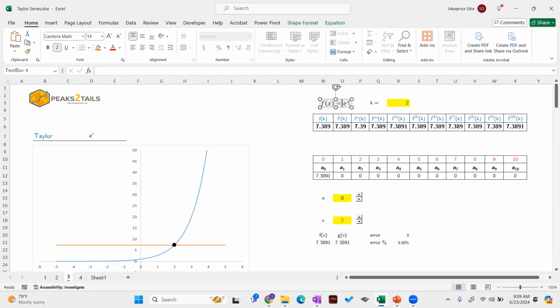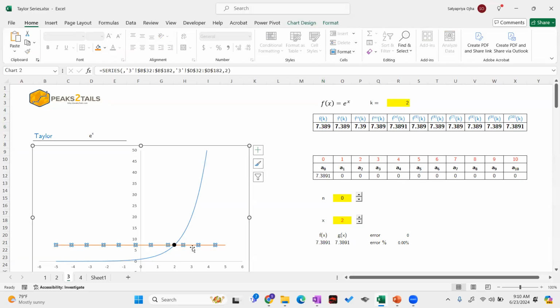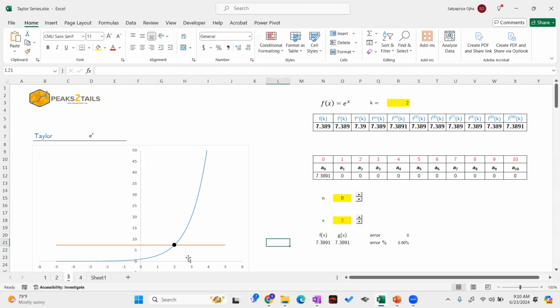So the approximation of e to the power x at x equal to 2 would be, what is it? E square. That's the first constant term, correct? E square is, yeah, whatever it is, 7.389. And that becomes your constant line, constant approximation. Okay, remember e to the power 0 was 1. E to the power 2 is some 7 point something.